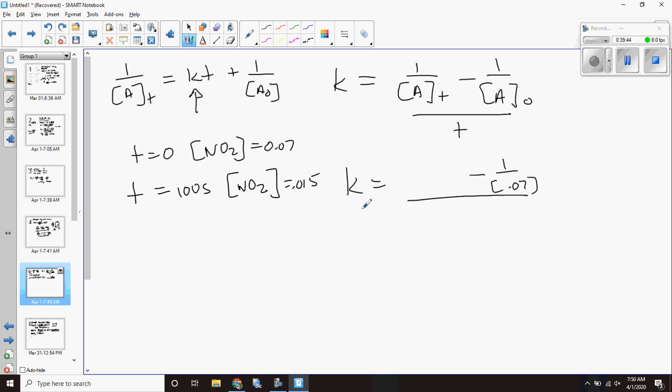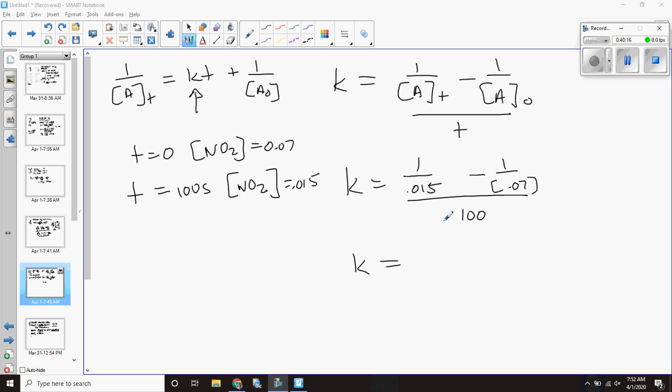So use time as 100 seconds and 1 over a at time t is 1 over 0.015. And there's your expression. Take the inverse of 0.015 minus the inverse of 0.07, divided by 100, and you're going to get the rate constant. So let me do that with my calculator.